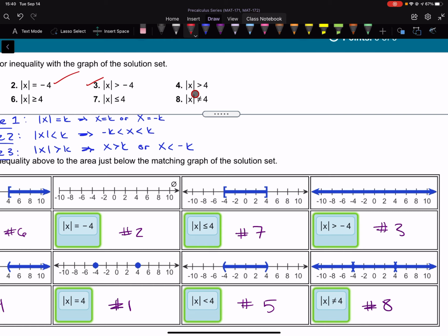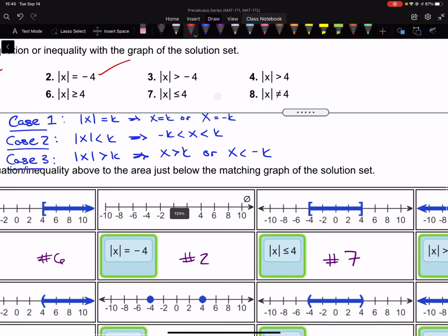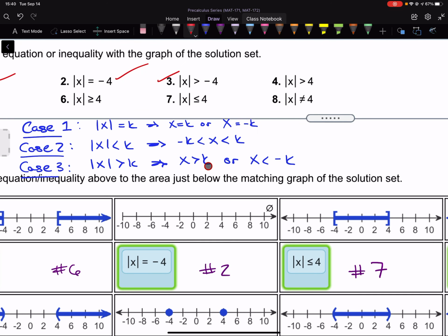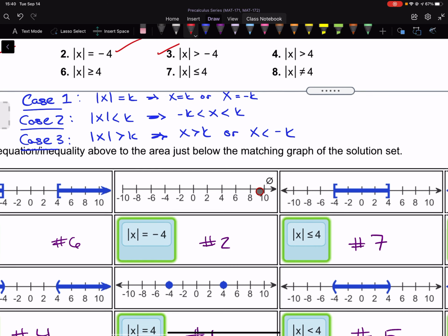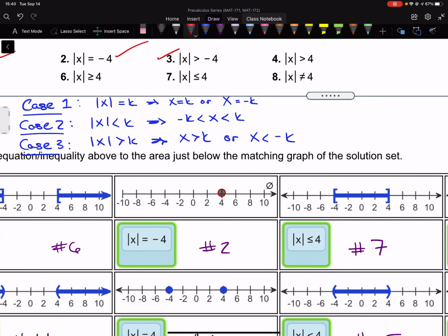In any case, we come over to number 4, which is a classic example of case number 3. This is going to end up being x is greater than 4 or x is less than negative 4, just like we see for case 3. x being greater than 4 means we should start at 4 and shade to the right. x being less than negative 4 means we should start at negative 4 and shade left.